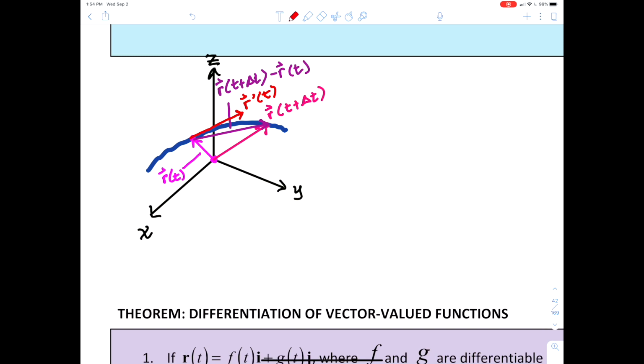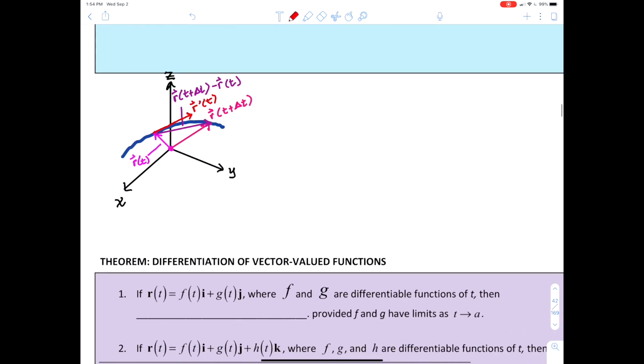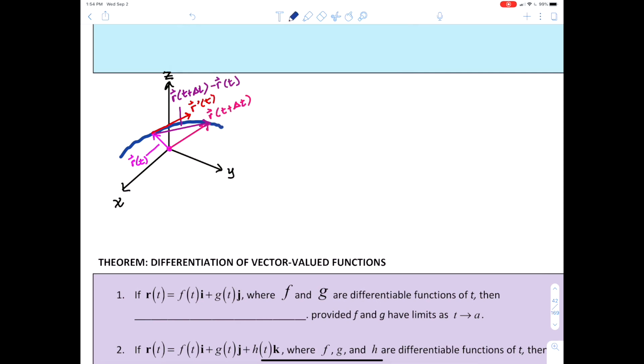All right. So with that in mind, let's just take a look, and we're just using our regular definition of the derivative from before, but we're applying it to vectors. So the vector r prime at t is just going to be, do you guys remember the definition of the derivative?